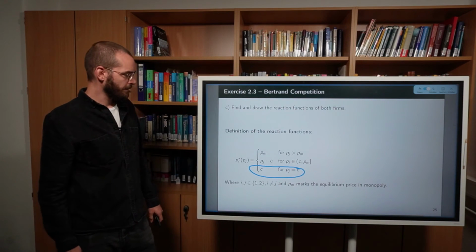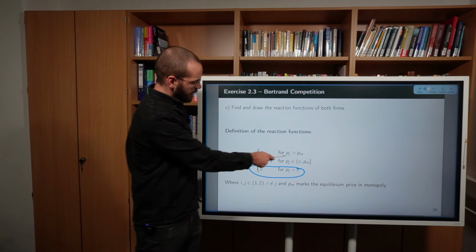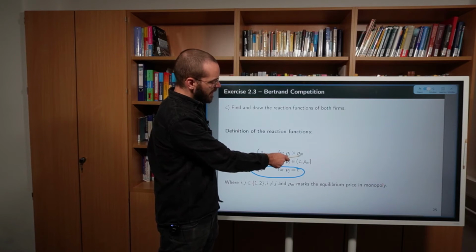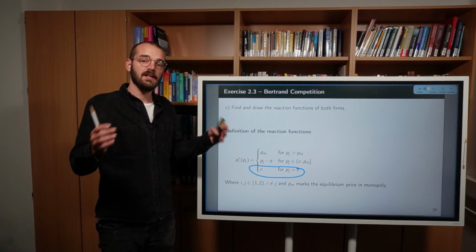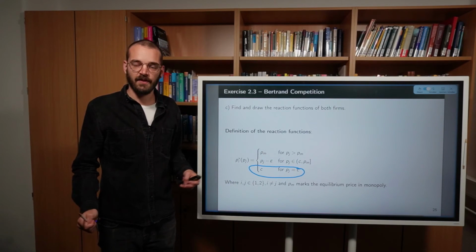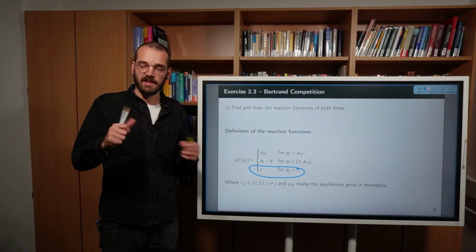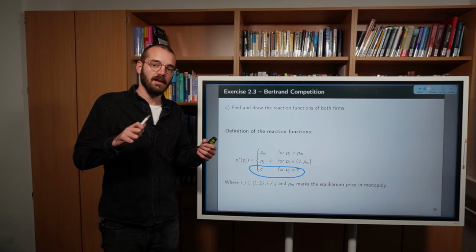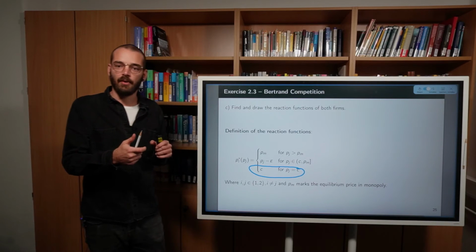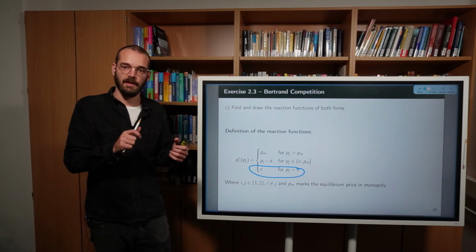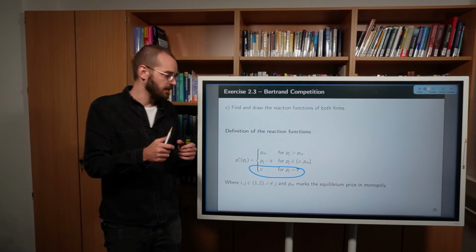Just think of it: if firm J is setting a price larger than P, like the monopolist price, then it's profitable to set the monopolist price. So these firms are not doing the same, right? By assumption, they are choosing different points.